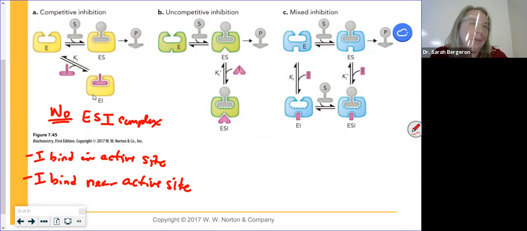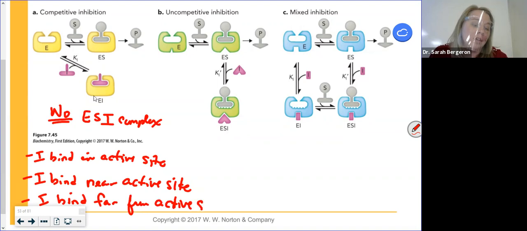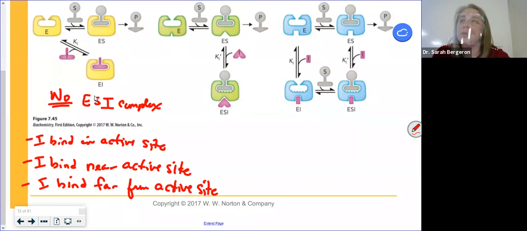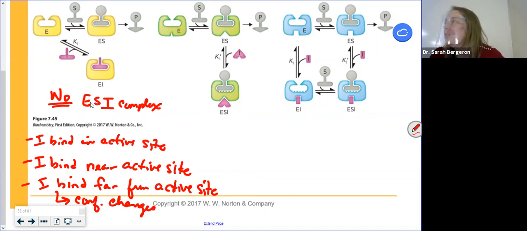So maybe it partially blocks the binding site, but it doesn't fit perfectly. And the other thing is the inhibitor can bind far from the active site. How is that possible? And still get inhibition? Conformational changes. It induces conformational changes that propagate to that active site and therefore inhibit binding of our substrate, right?